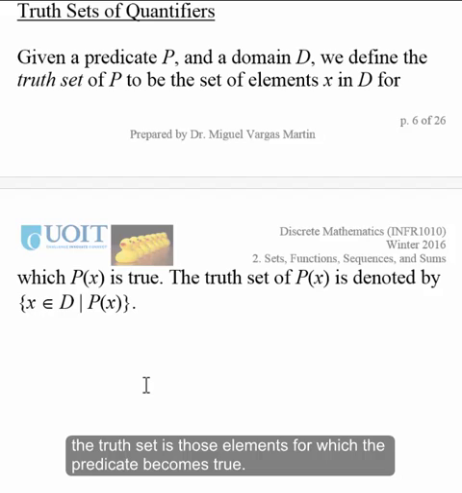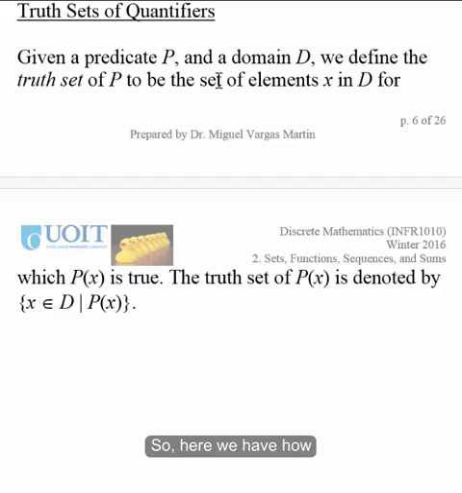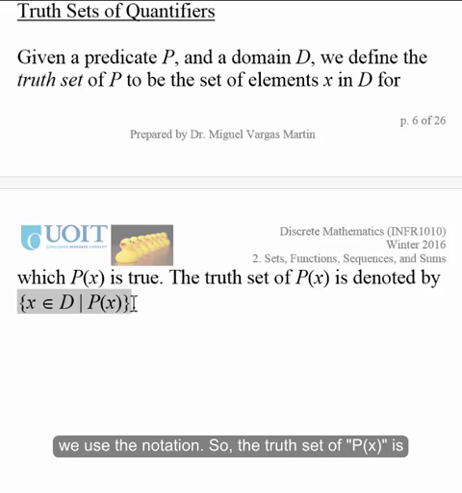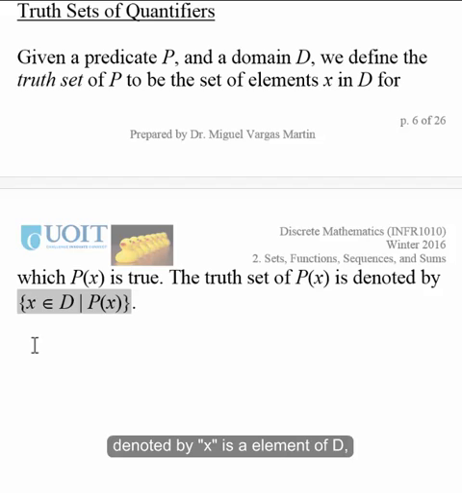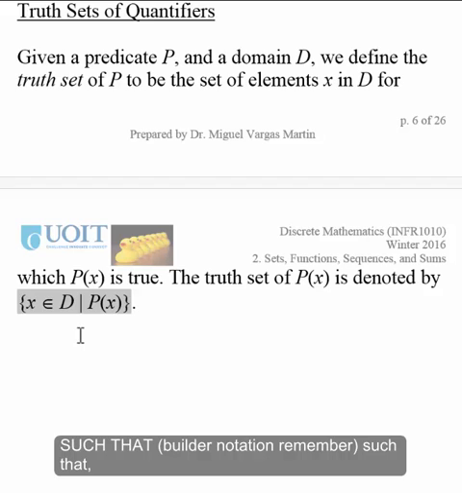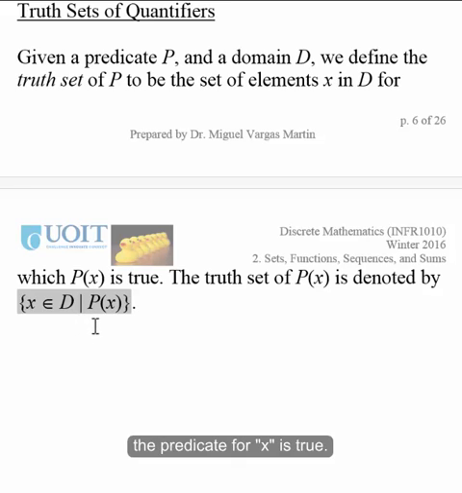So the truth set is those elements for which the predicate becomes true. Here we have how we use the notation. The truth set of P(x) is denoted by x is an element of D such that, builder notation, remember, such that the predicate for x is true.